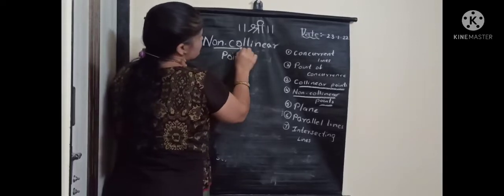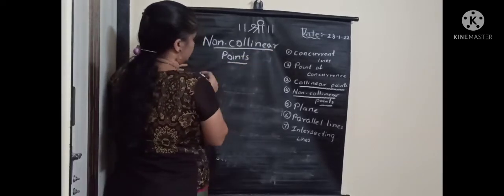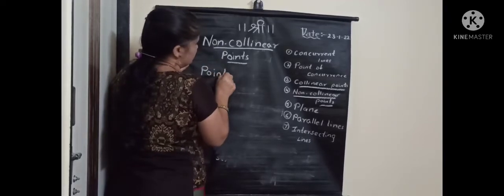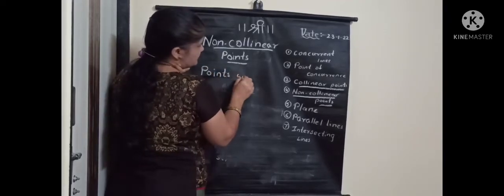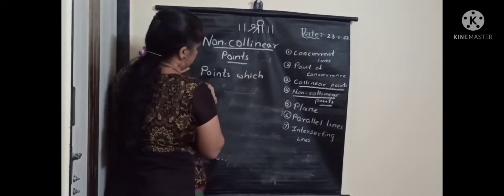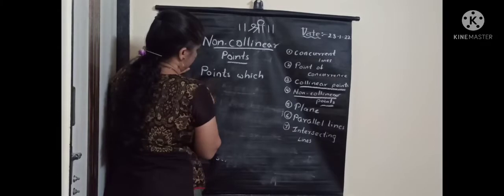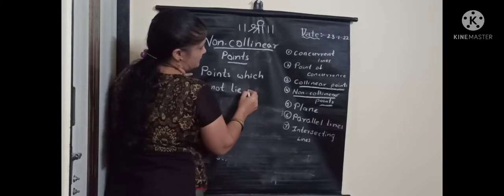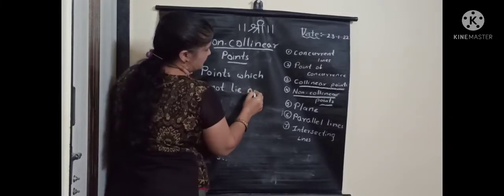So non-collinear points means points which do not lie on the same line.